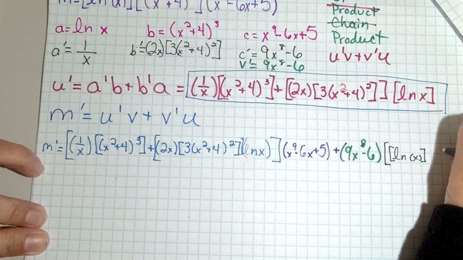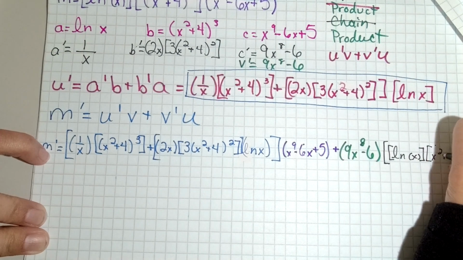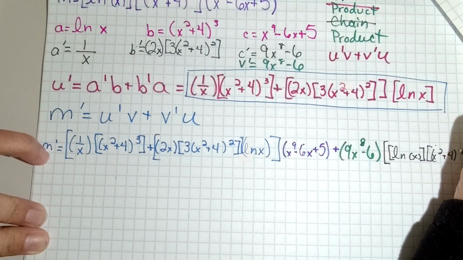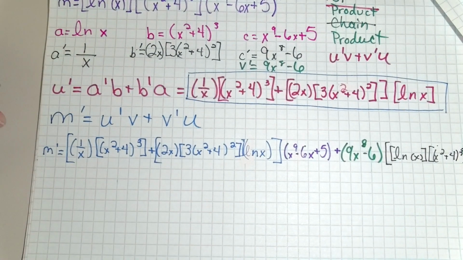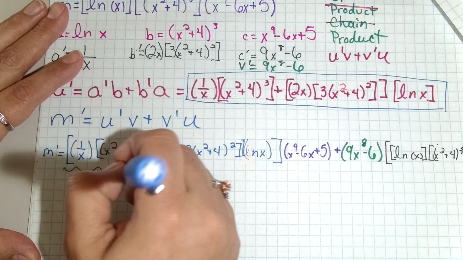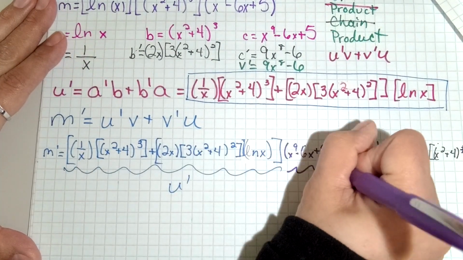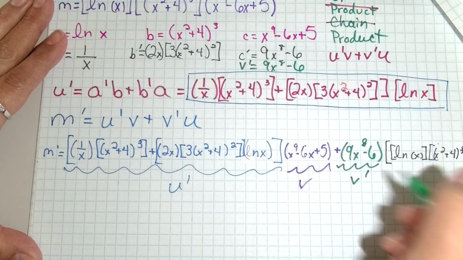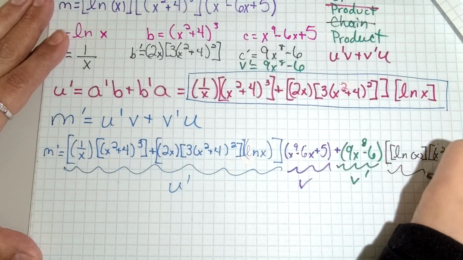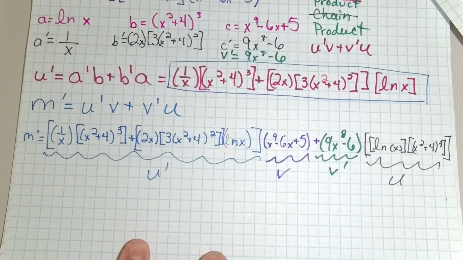X squared plus 4, all cubed. U prime, V, V prime, U. Done.